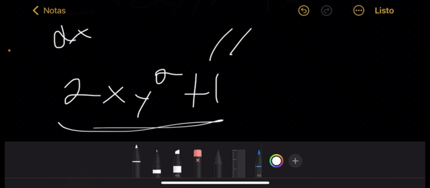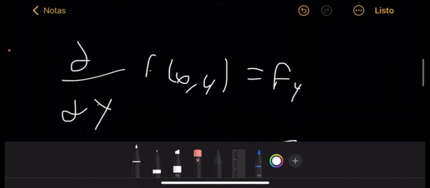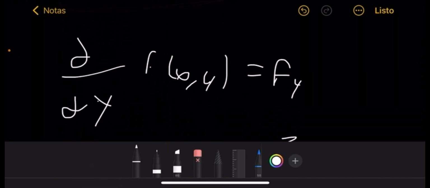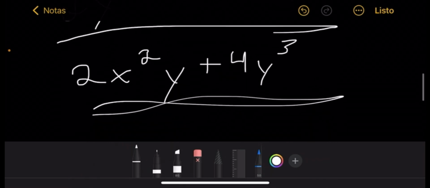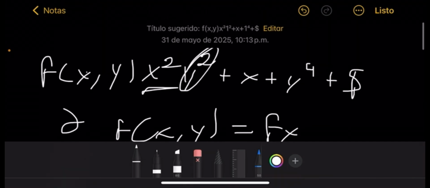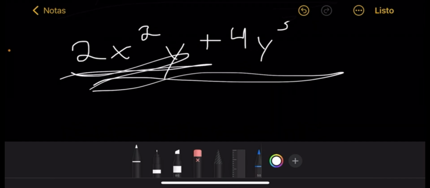And what we have now is to do the partial derivative of the function with respect to y, and it is this thing over here. We have 2x squared times y squared. We have to derive this thing over here with respect to y, and the derivative of y squared is 2y times this thing over here, and this is the same as I said.